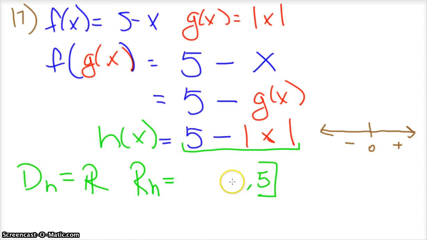What's the smallest number we're going to have? What's going to be on the other side of this comma here? Well, the smallest number is if I use any number greater than 5. So let's say 5 minus 6. It's going to be negative 1. 5 minus 7, negative 2. 5 minus 8, negative 3. So as soon as this number is greater than 5, this whole thing is going to be less than 0. So we're going to be negative.